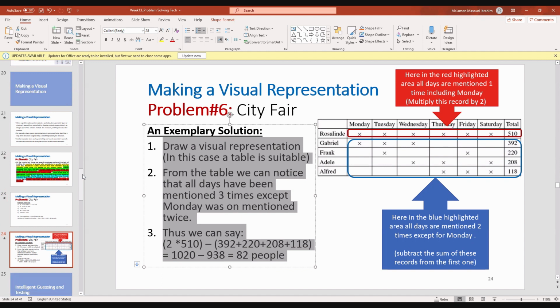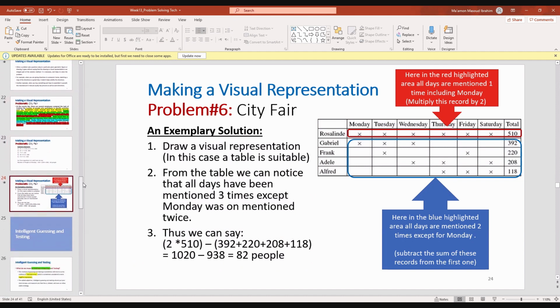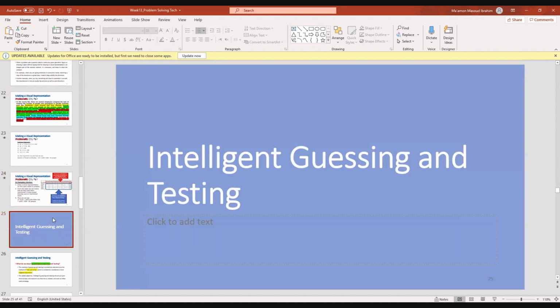The last thing is intelligent guessing and testing. Okay.